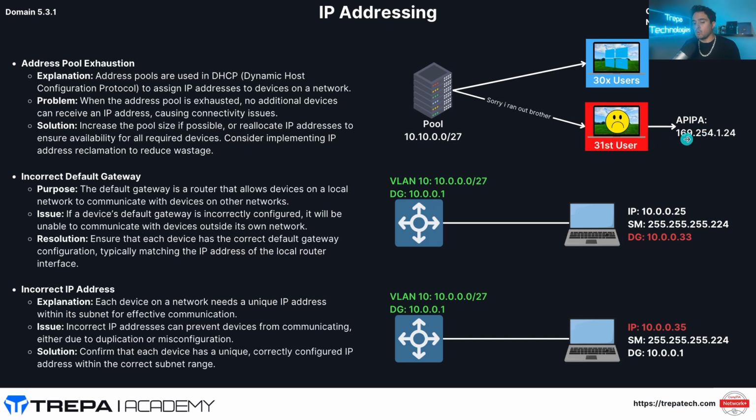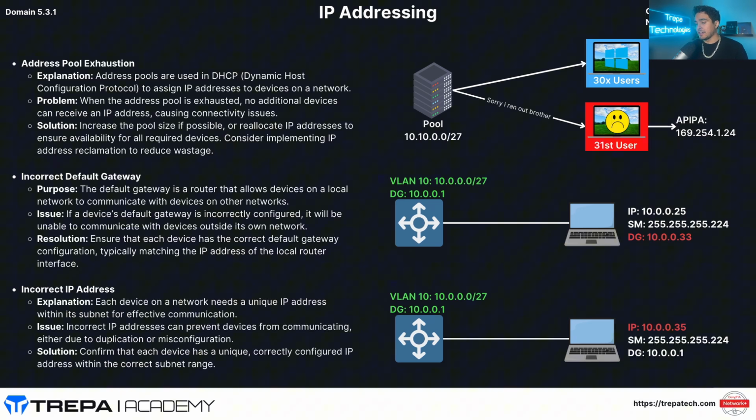If we see 169.254.0.0 through 169.254.255.255, that means either DHCP is not working or our pools are exhausted, and now that Windows computer, this is a Windows thing, is self-assigning itself an IP address, okay? That's an APIPA address. So we can have this issue.